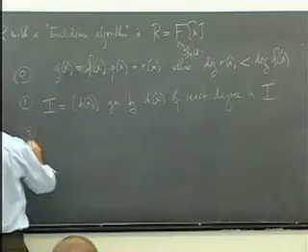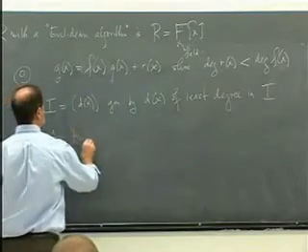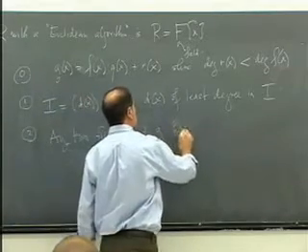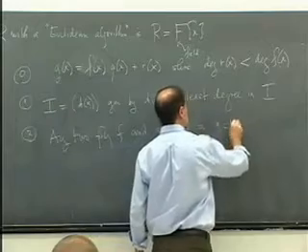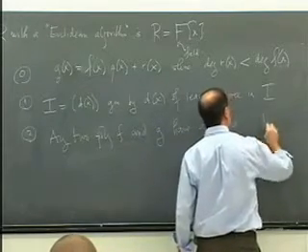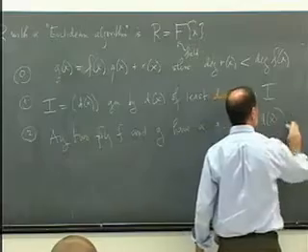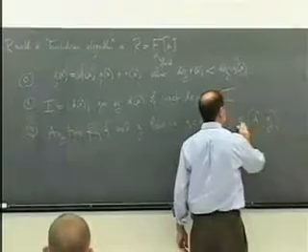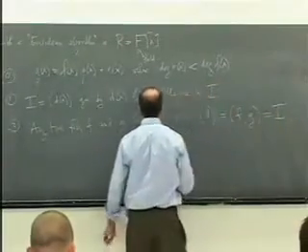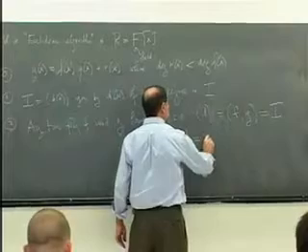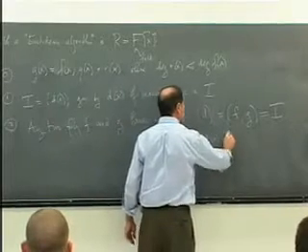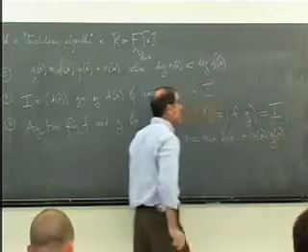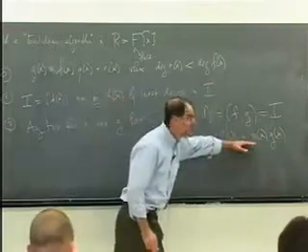Two, any two polynomials f and g have a greatest common divisor, namely a polynomial d of x, which generates the ideal generated by the two polynomials f and g, because that's just a particular example of that thing. And moreover, this greatest common divisor can be written as a multiple of f of x plus another multiple of g of x in the polynomial ring. Same proof, because these are the elements of that ideal.